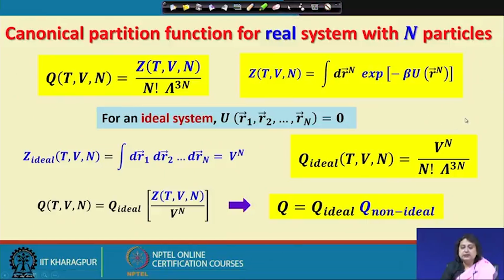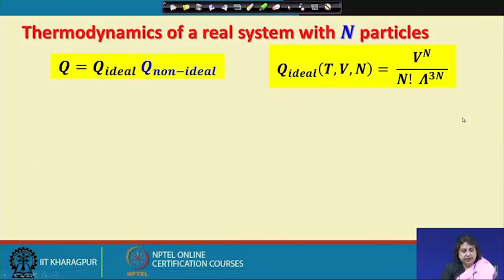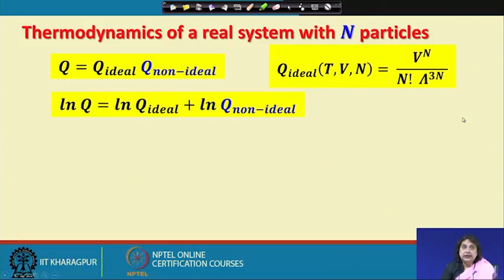Now, the consequence of this expression is that if I take a logarithm on both sides, then I find that ln Q has two additive terms, one that is coming from the ideal part, the other which is a correction coming from the presence of non-negligible interaction between the particles.